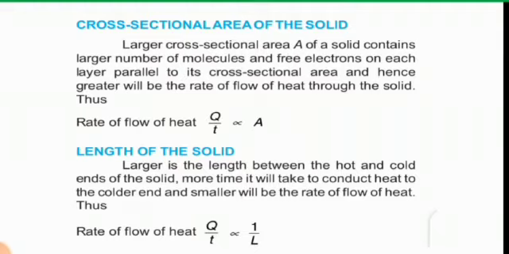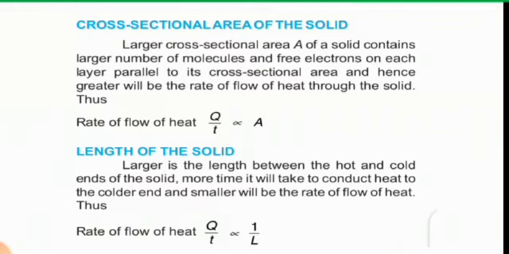So the first factor that we are going to discuss is the cross-sectional area of the solid. Students, a large cross-sectional area A of a solid contains a large number of molecules and free electrons on each layer parallel to its cross-sectional area, and hence greater will be the rate of flow of heat through the solid.